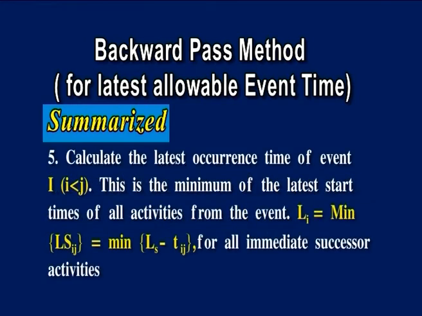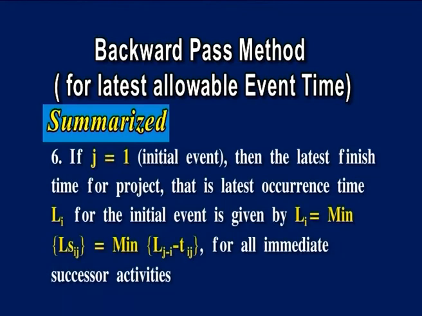Fifth, calculate the latest occurrence time of event I, where I is less than j. This is the minimum of the latest start times of all activities from the event. That is, L of I is equal to minimum of Ls of ij, equal to min of L of j minus T of ij, for all immediate successor activities.